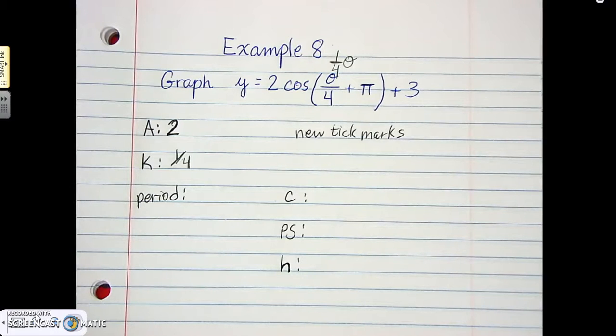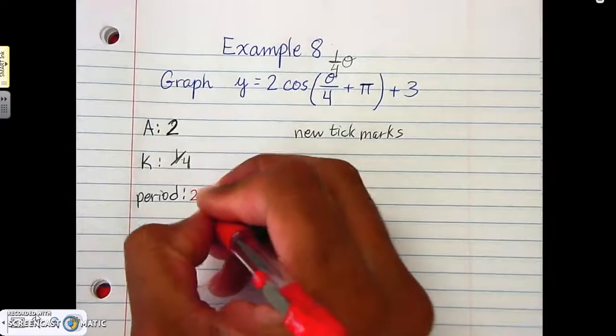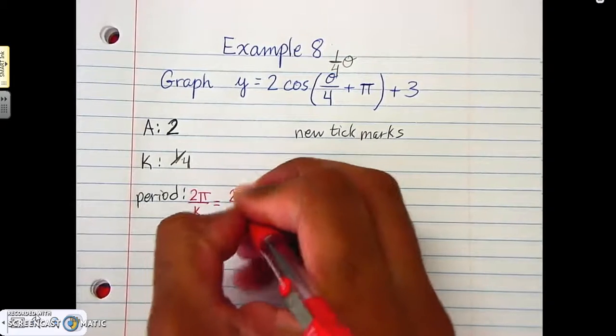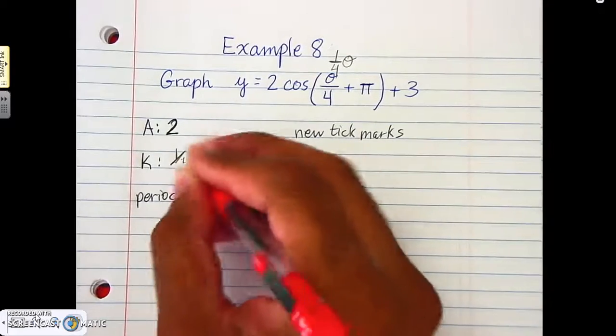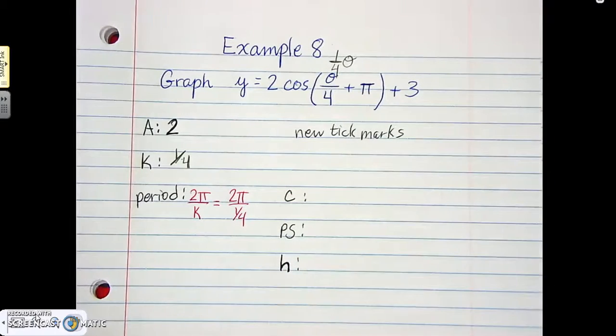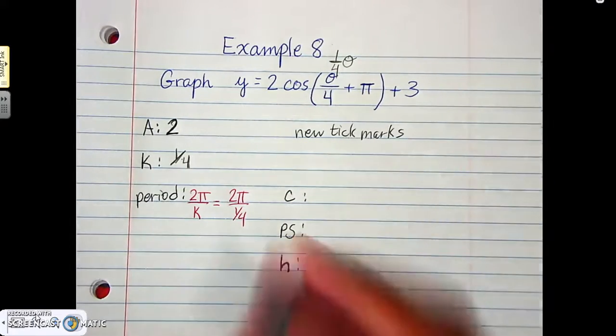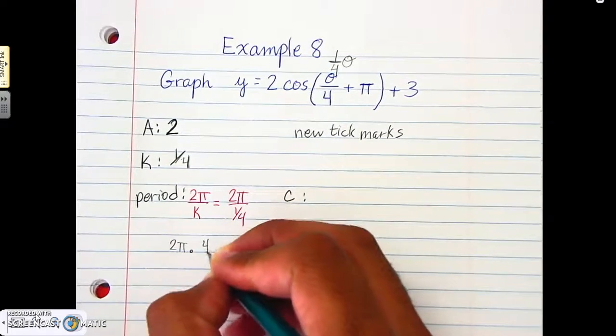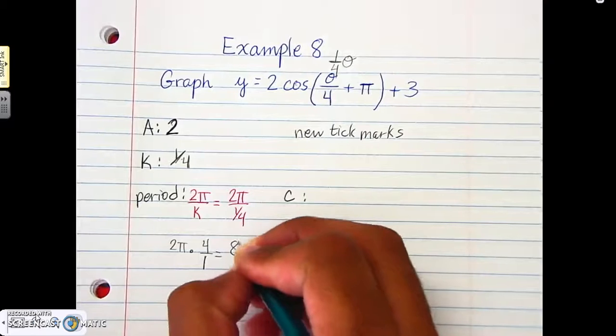All right, so to find our period, we have that same formula, 2 pi over K. So that's 2 pi over the 1/4 for K. And again, we get to do our wonderful keep, change, flip. And that gives us 8 pi for our period.